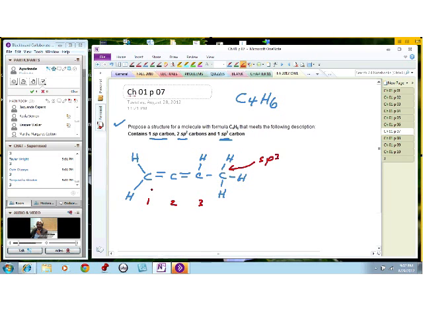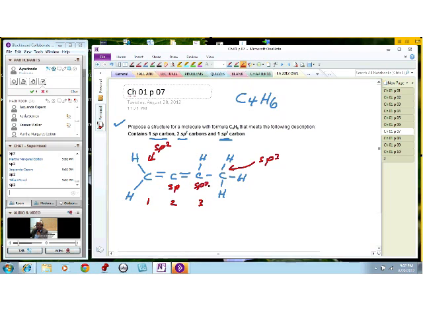What is the hybridization of carbon number 1? sp2. Good. What is the hybridization of carbon number 2? sp. Very good. What is the hybridization of carbon number 3? sp2.